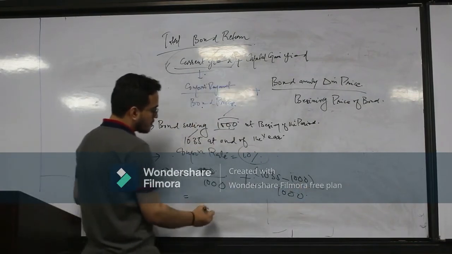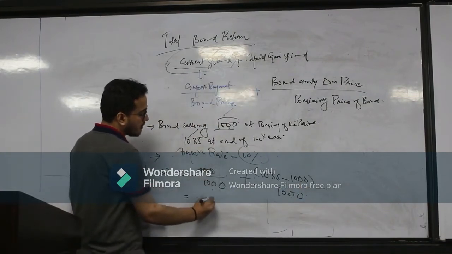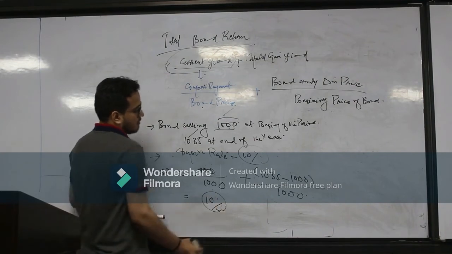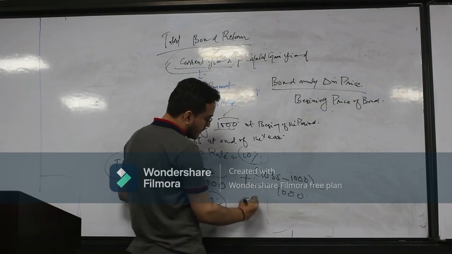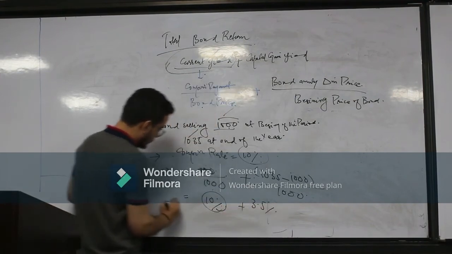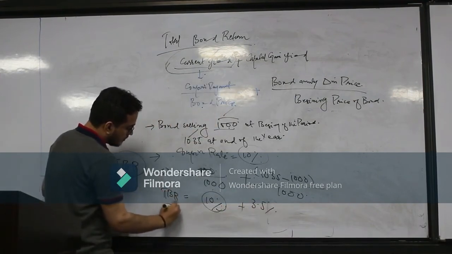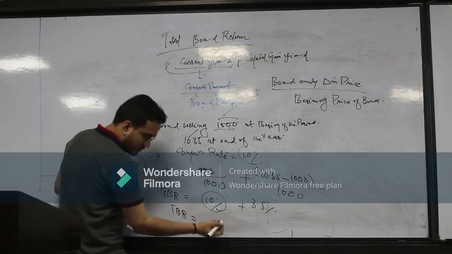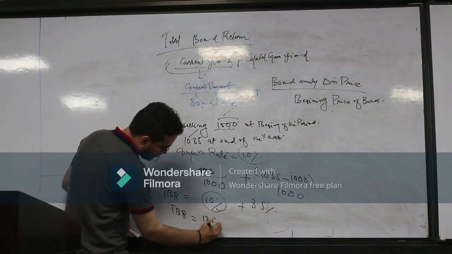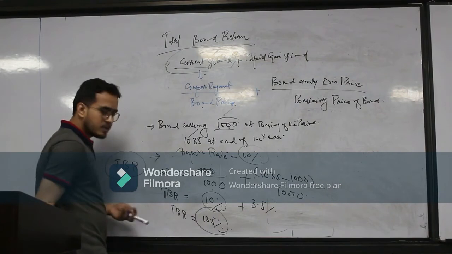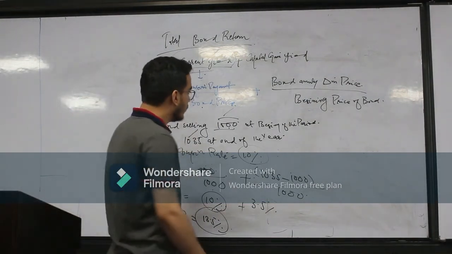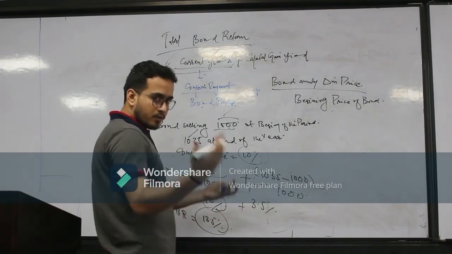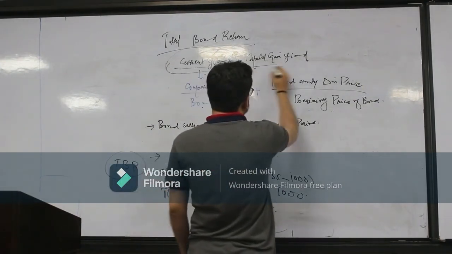If we solve this, the current yield will become 10% plus this whole thing, which I have calculated already, 3.5%. So total bond return is 13.5%. That's how we can find the total bond return. Being a bondholder, if you want to know the total bond return that you are gaining, you can use this formula.